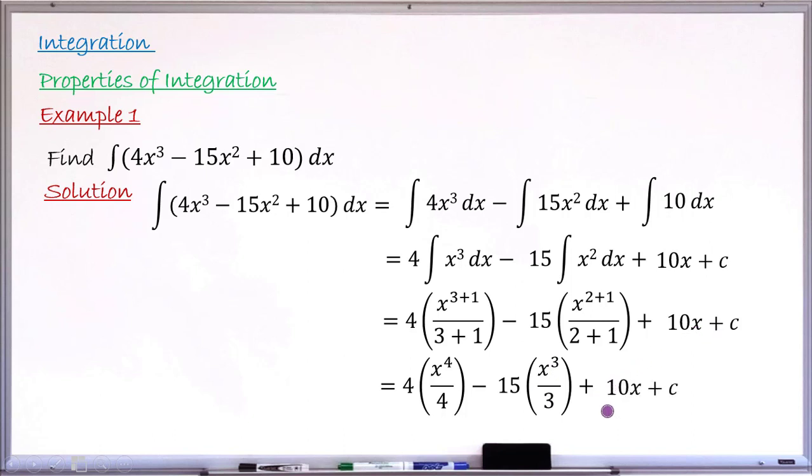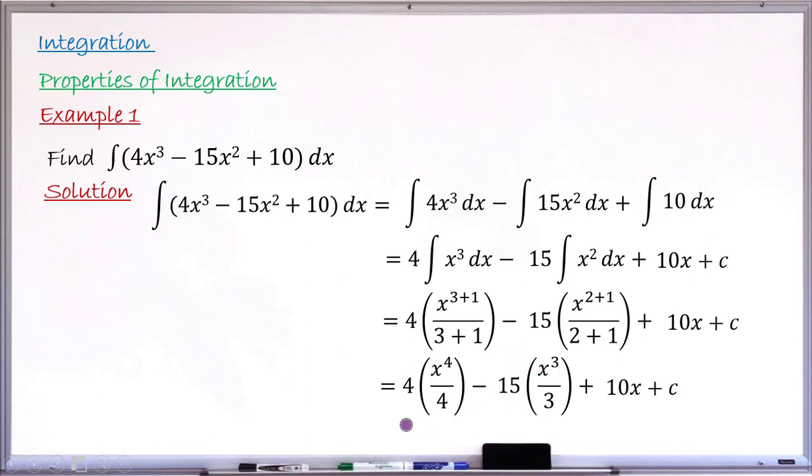I continue. I can now simplify this. You can see this very first term, 4 times the bracket. You can see this 4 there, the denominator will now cancel this very 4. So in the end you have just x raised to 4. Similarly here, this 3 can divide the 15 to get 5. So 5 times x raised to 3.